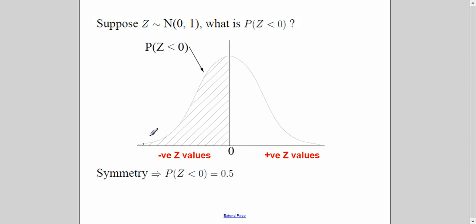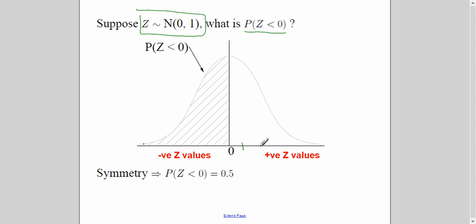So the first task is how to read this Z value. For example, I'm just giving you a few hints here, then I will explain in detail. Z is the variable in standard form, and the standard normal distribution is (0, 1), of course, with 0 mean and 1 variance. And you have to find this probability, Z less than 0. Now on this number line, the mean is at 0.